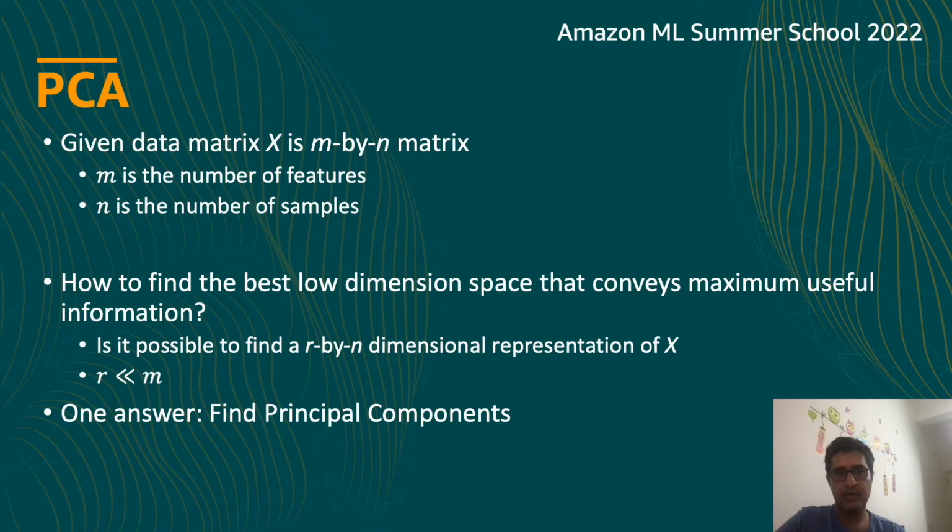You are asking: is there a smaller dimension r such that, if I had only that much space to represent my matrix or the information about it, I can still have minimal information loss? I'll show you examples of what PCA can achieve in terms of compression, image compression, and other interpretable stuff.